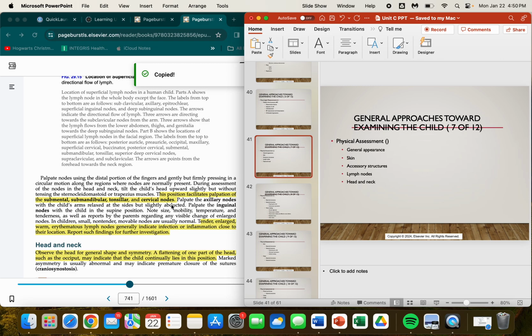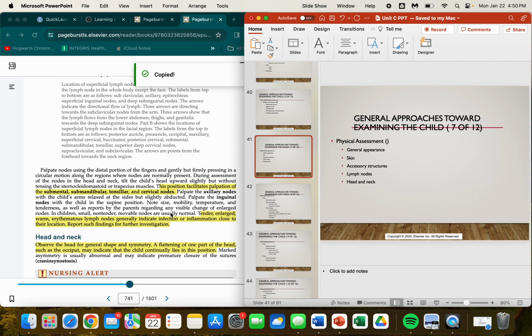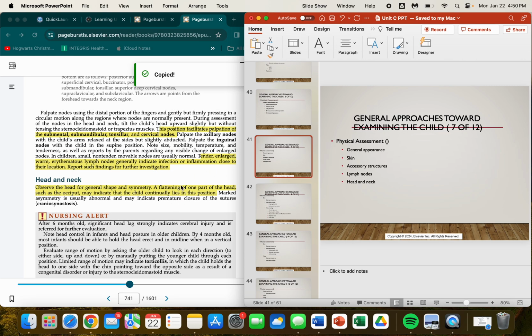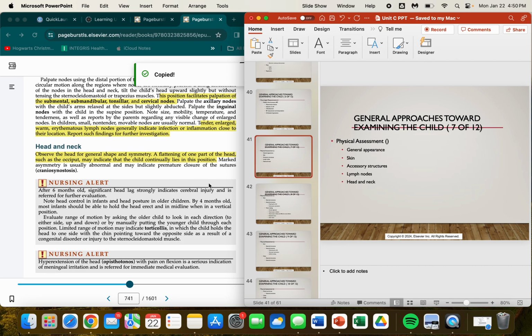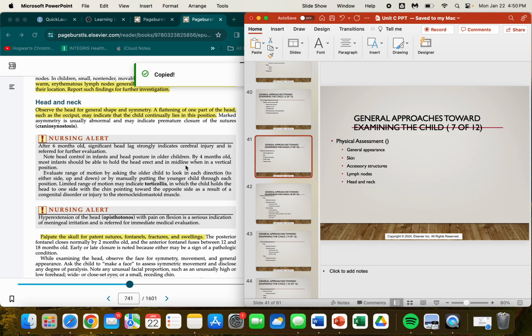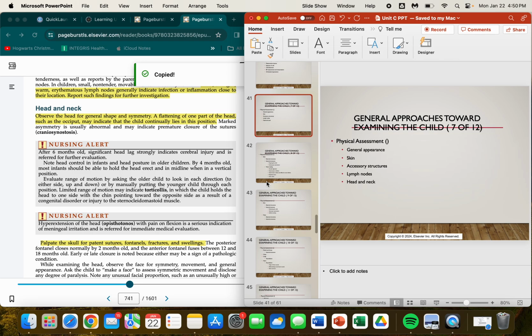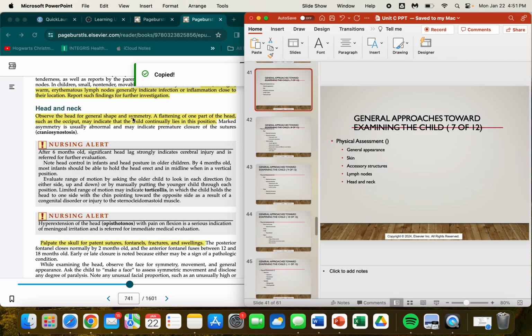Those cervical nodes are the ones under your throat, and those axillary ones are by your armpits. Usually any tender, enlarged lymph nodes indicate maybe infection or inflammation. Again, those are usually performed by an advanced practice provider, but just know that's how you assess that.